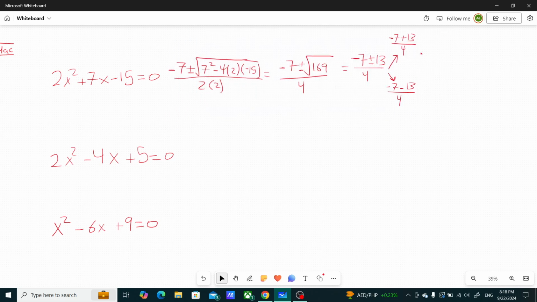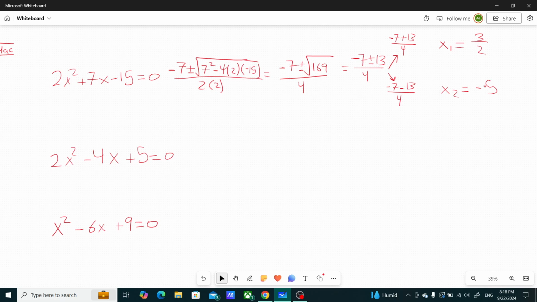My x1 is 6 over 4, which is 3 over 2. My x2 is negative 7 minus 13, which is negative 20, and negative 20 over 4 is negative 5.